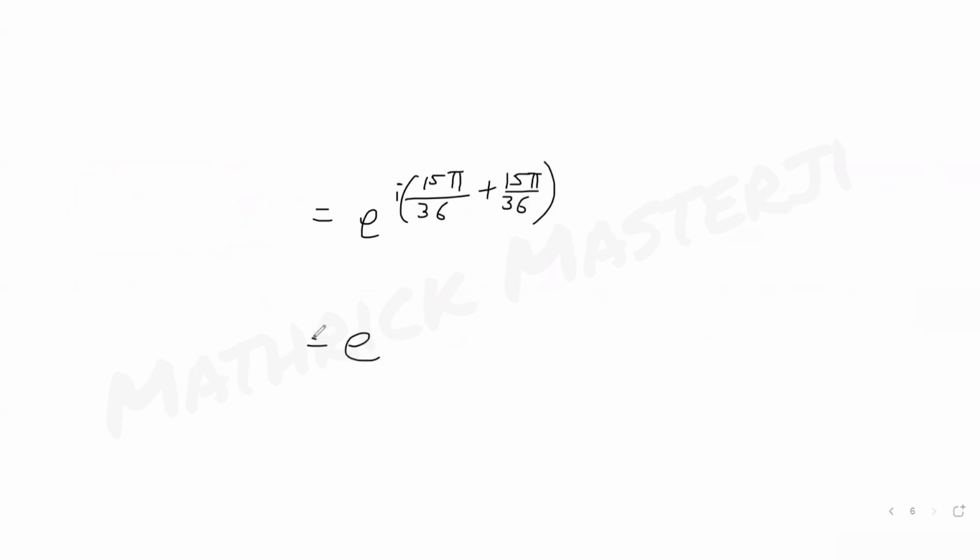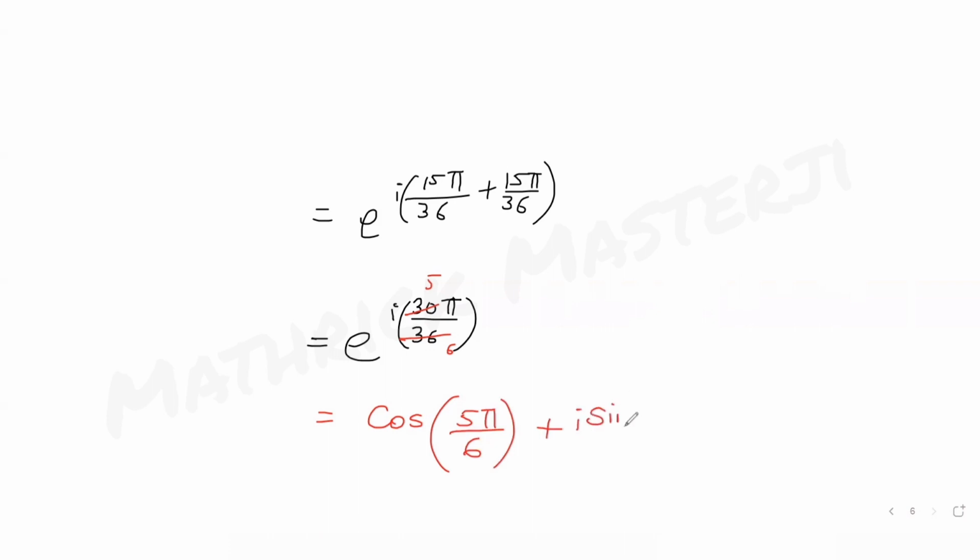And that makes it e raised to i 15 plus 15, that is 30 pi by 36. Now when you have 30 pi by 36, 6 5s are 30, 6 6s are 36. So with that you get e raised to i 5 pi by 6, that is cos of 5 pi by 6 plus i sine of 5 pi by 6.